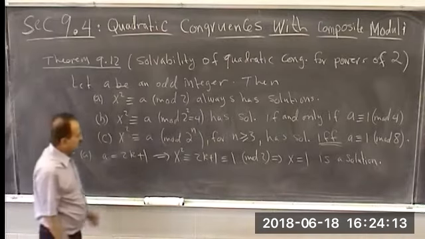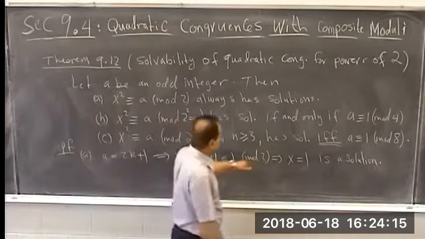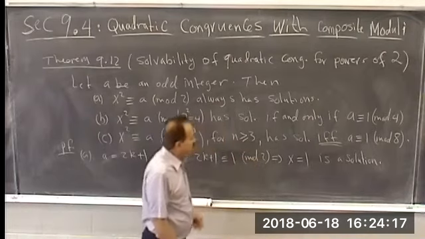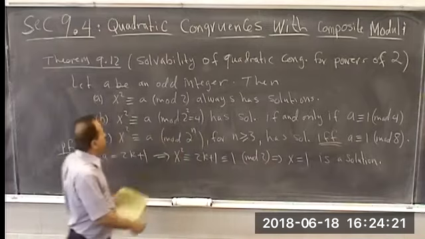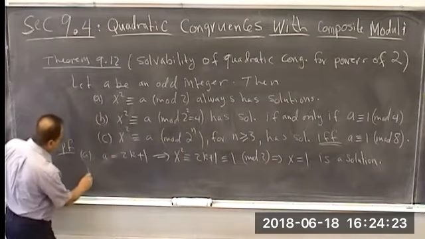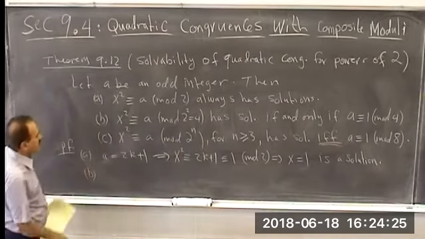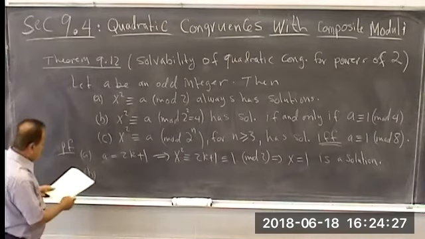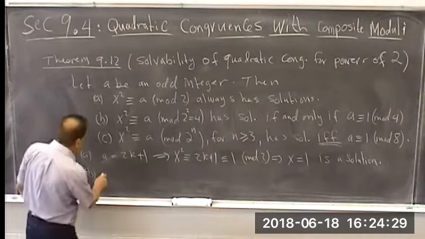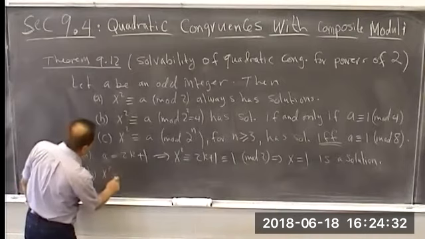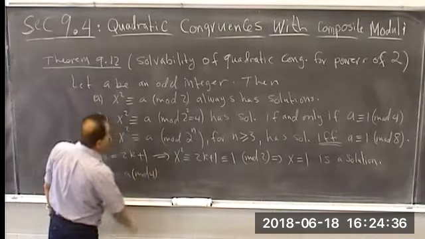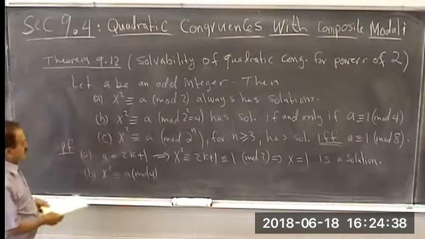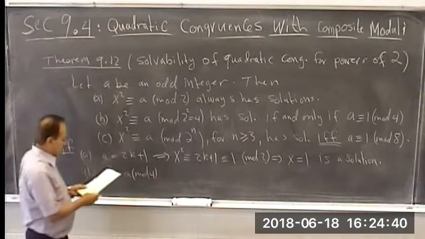There is no other solution because 0 is not a solution, and these are the two possibilities. All right, let's look at the second case, that is x squared congruent to A mod 4. Let's assume this one does have a solution.